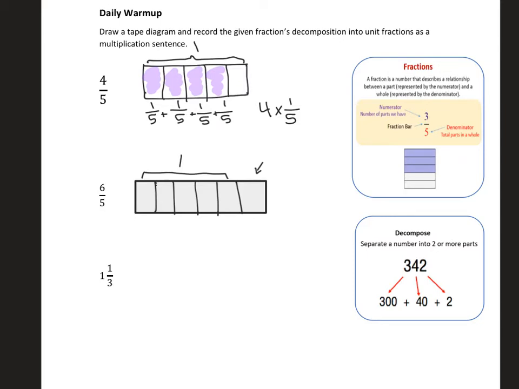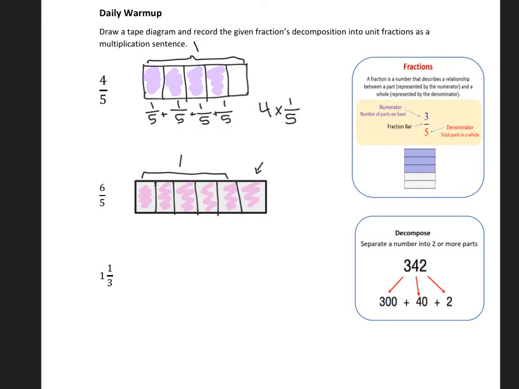So I'm going to shade in 6 pieces: 1, 2, 3, 4, 5, 6. Now I am going to write my number sentence.